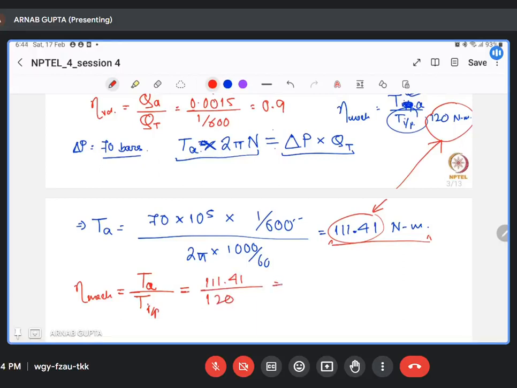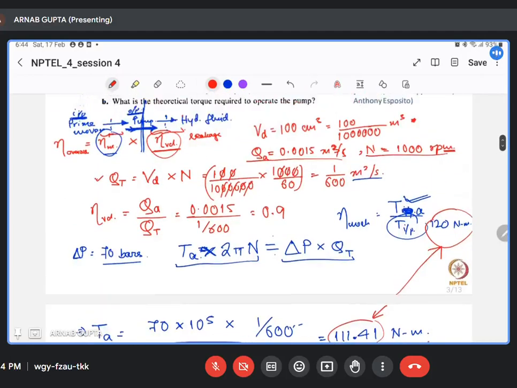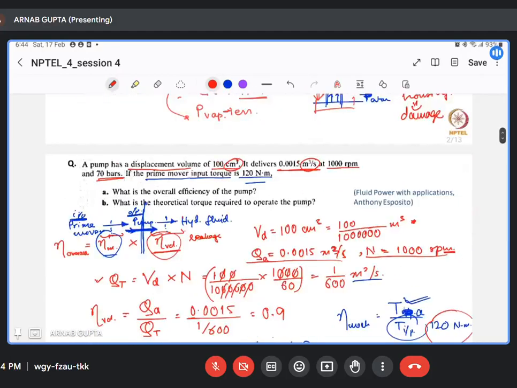This one will be how much? It's coming out to be 0.928. Okay, so the question asks you the total volumetric or the overall efficiency of the pump.